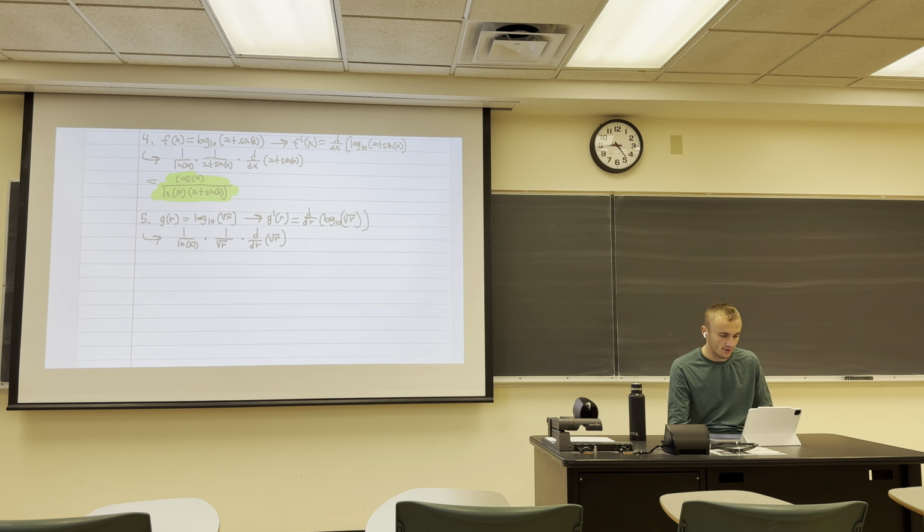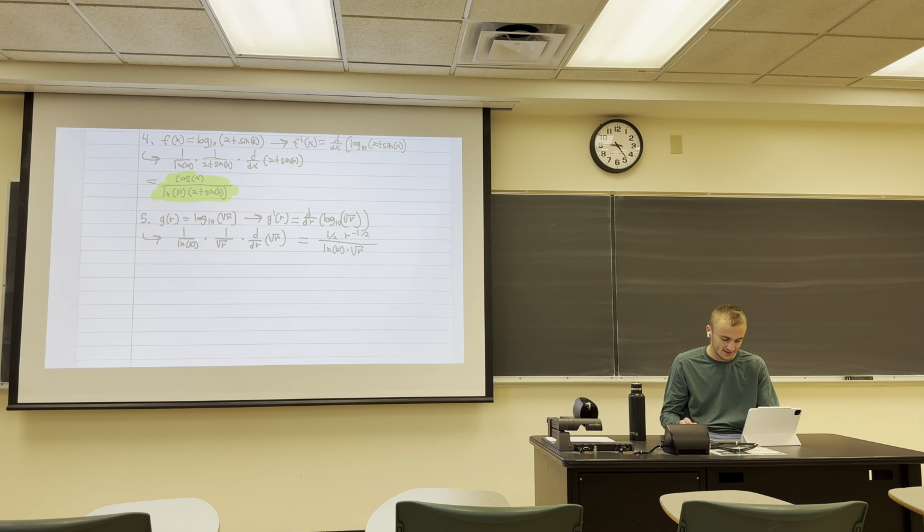Well, d dr of root r is 1/2 r to the negative 1/2. That's just a simple derivative, because square root of r is just r to the 1/2, so it's 1/2 r to the negative 1/2. And that's going to become our numerator. So 1/2 r to the negative 1/2 divided by ln of 10 times root r.